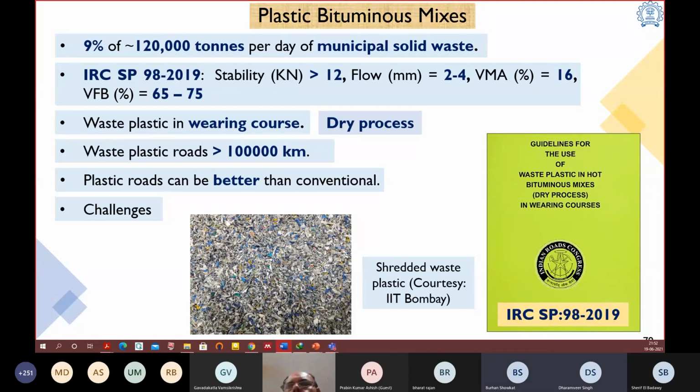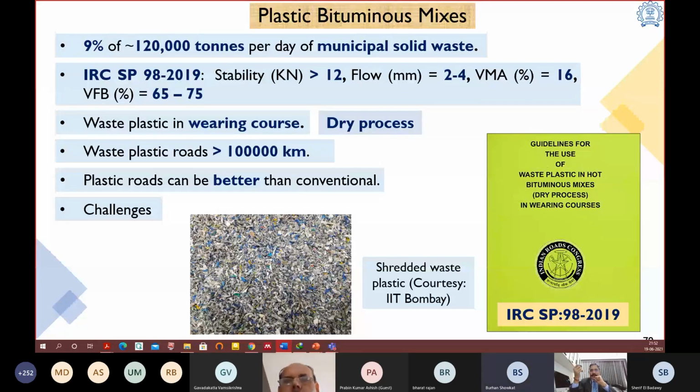Yes, since we are talking about the new technology, I would just like to add that there are multiple challenges involved in using waste plastic. We are saying waste plastic, but we want to make it pure plastic when we add it into the mix.